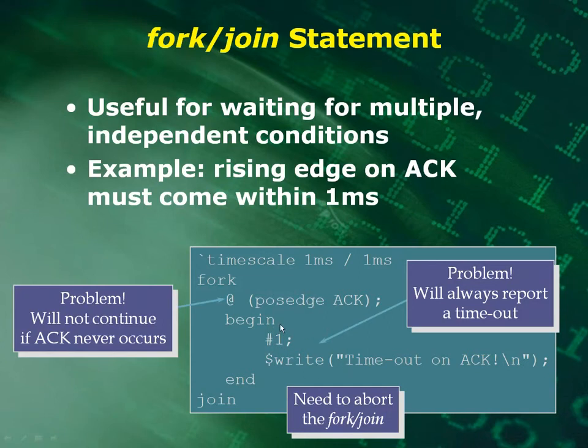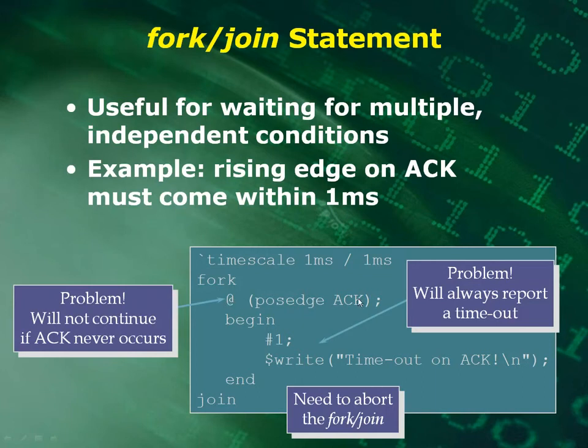Well, we actually have a problem trying to do it like this. Let's look at what that problem would be. In our first example, we have a fork join here. Our first statement is waiting for the positive edge of the ACK. Our second statement, the begin-end statement, waits for a millisecond before writing this timeout. So let's say that the ACK never occurred. Let's say that this statement never completed.